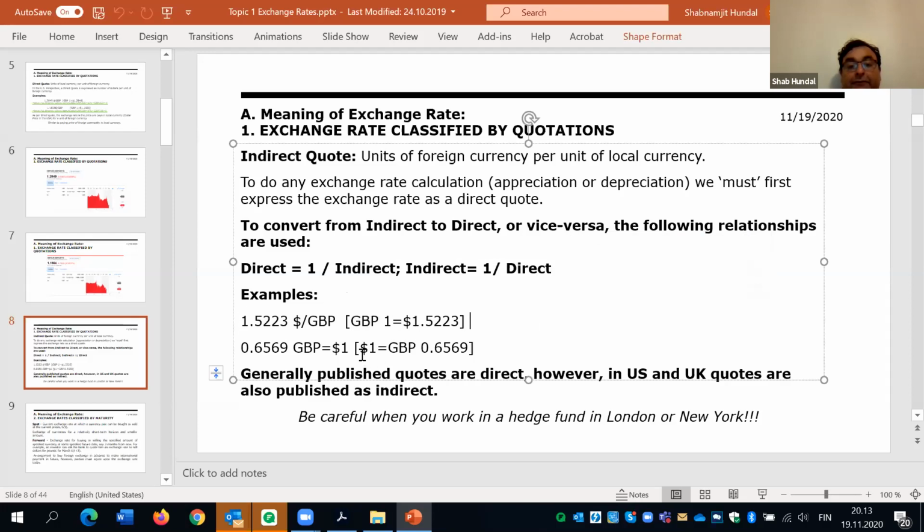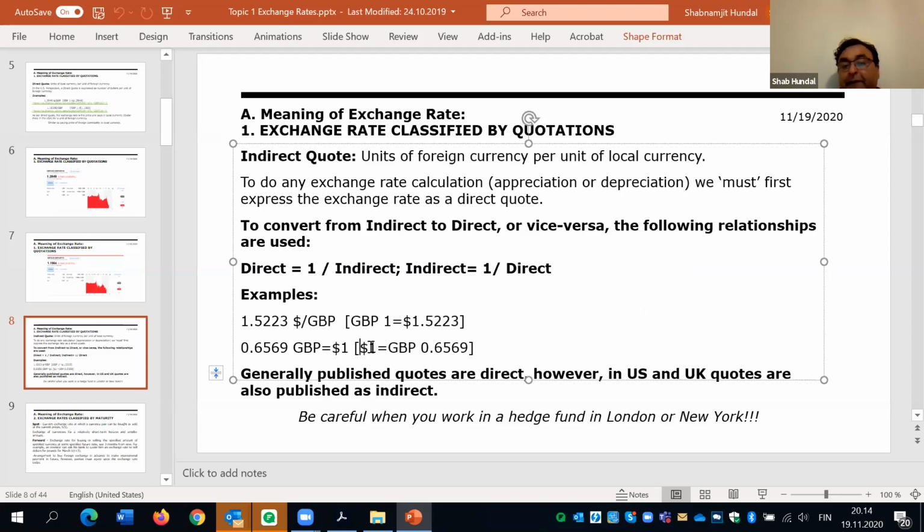But if you see it like this in New York, this is not the right way to do the calculation, because your local currency is here and the price is quoted in a foreign currency, because in the US, the GBP is a foreign currency. Always make sure that the price is calculated in the domestic, local, national currency. If you are in the US, then it's the American dollar.